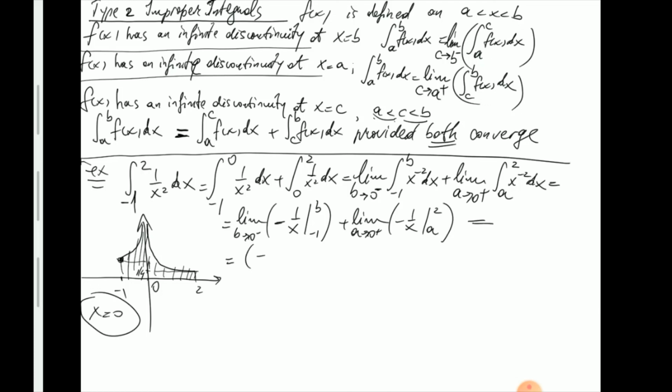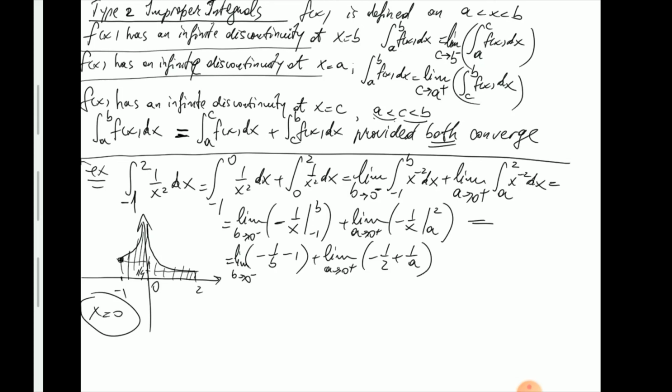So the first one is minus 1 over b, let's see, minus 1 eventually, with a limit here as b goes to 0 minus. And then the second piece, it's minus 1 over 2 minus 1 over a, which is plus 1 over a.